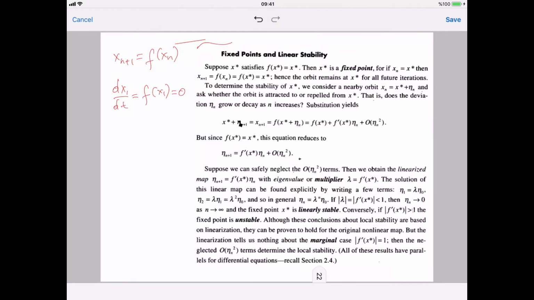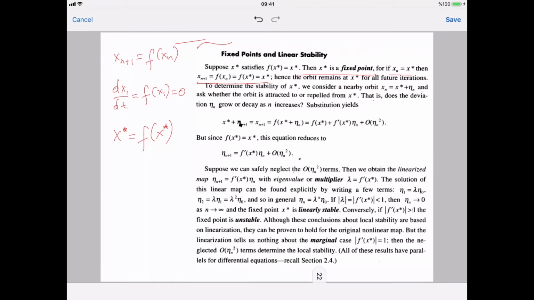In this case, it is when x star is equal to f of x star. That's our fixed point, right? So let's follow from here. If x n is x star, then x n plus 1 is also x star. Hence the orbit remains at x star for all future iterations.